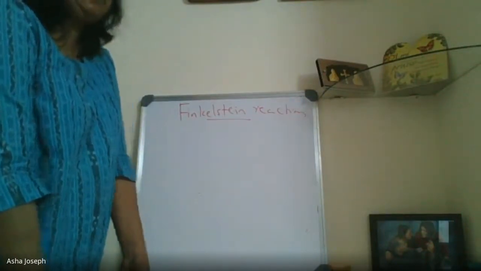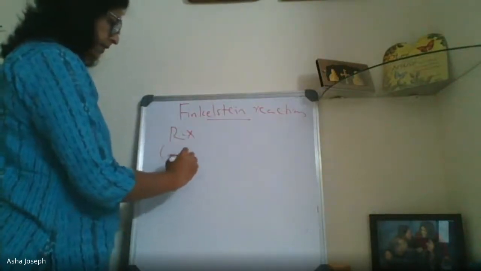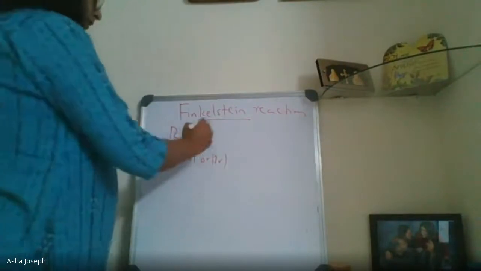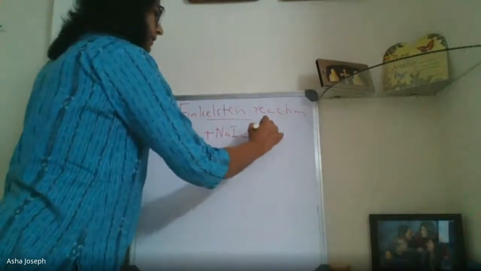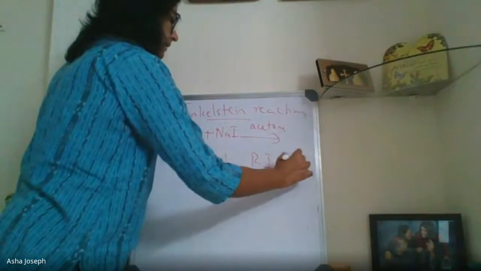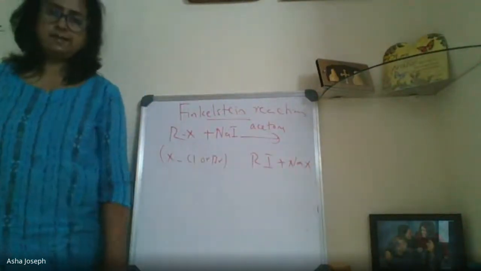You can use any. So I will write RX, and X can be chlorine or bromine. You take the reagent sodium iodide in the presence of acetone. You will get RI plus NaX.